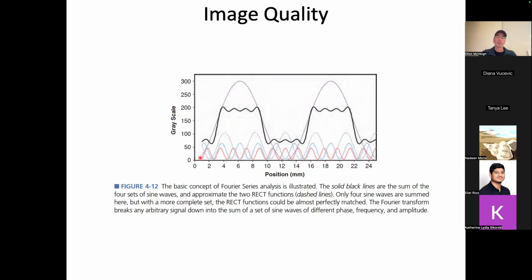And when you add all that up, you get this black curve. If we kept going, instead of 1, 3, 5, 7, 9, 11, 13, 15, just kept on adding higher frequencies, this would approach a perfect square wave.